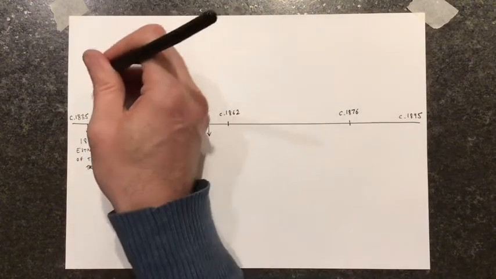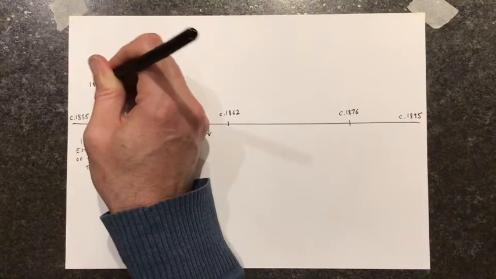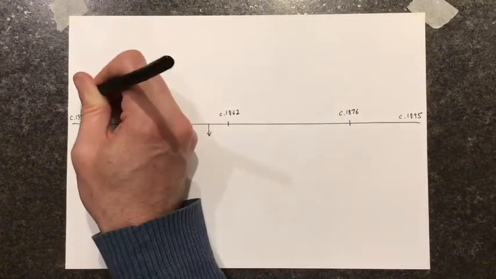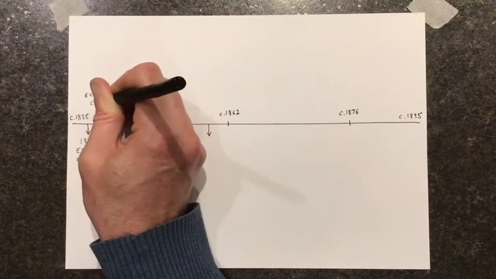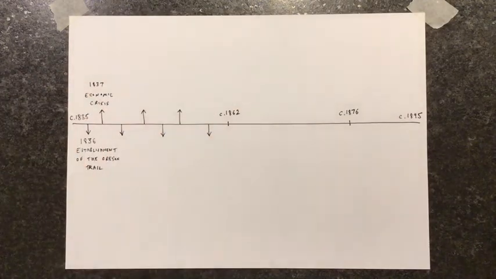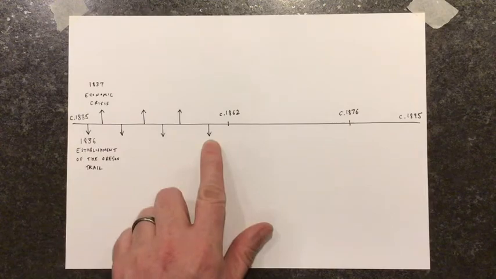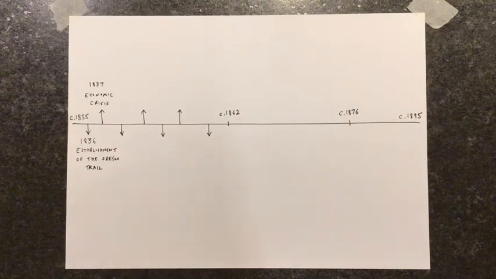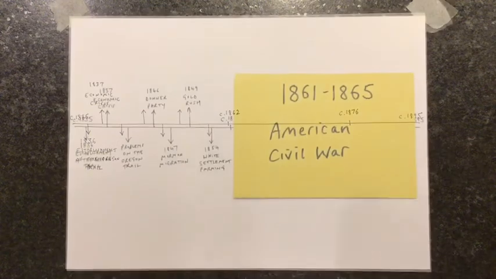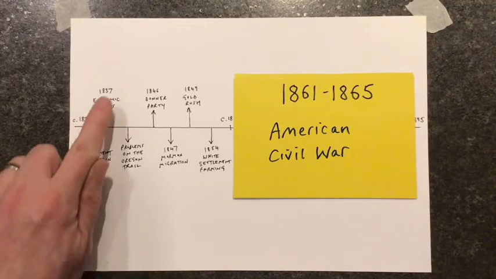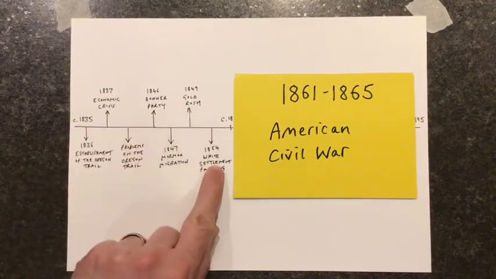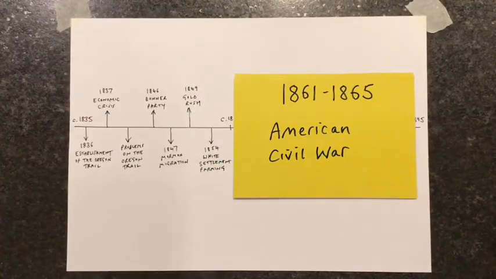And then 1837, you've got the economic crisis. Now you can carry on filling all of those in as you go so that the timeline is complete up to 1862. Okay, so 1, 2, 3, 4, 5, 6, 7. So there's our first 7 cards from that first period of time.